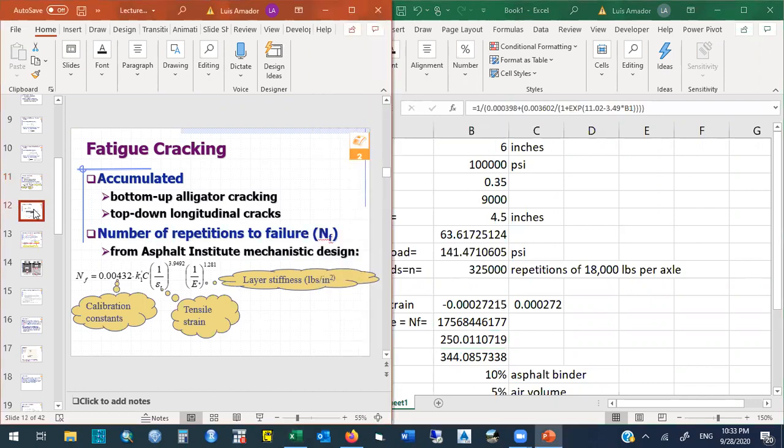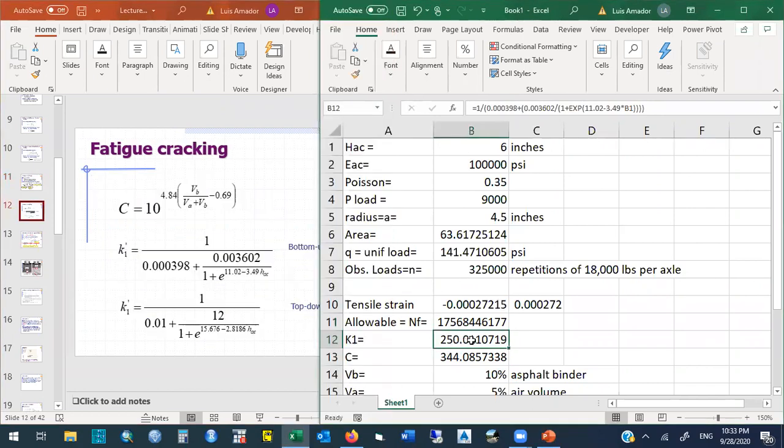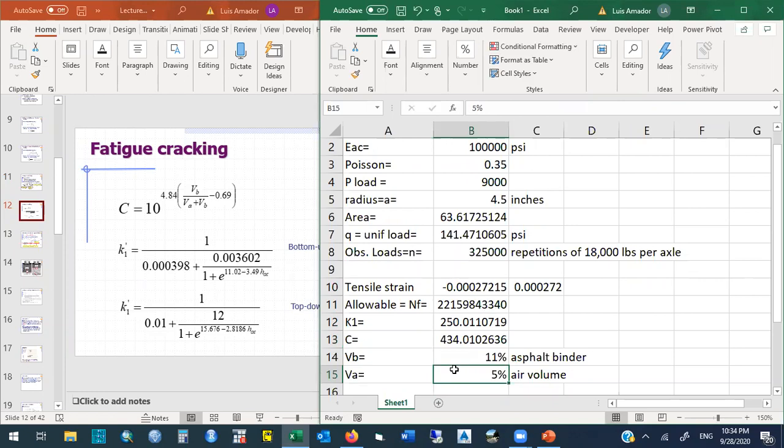Okay, let me just check quickly, guys. I think the C is different from the value in the presentation. Yes, I'm getting slightly different values for everything, actually. I think in the presentation I used different, maybe I used 11% here, but that's not going to change much.